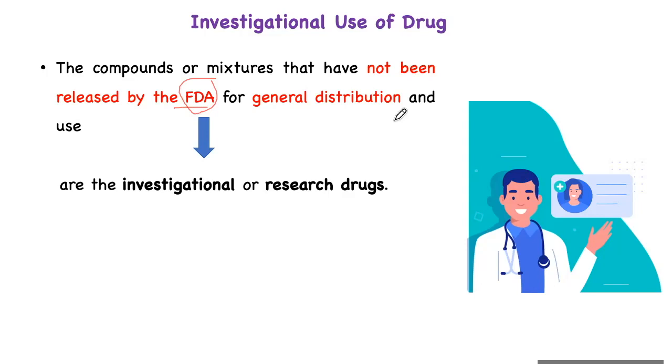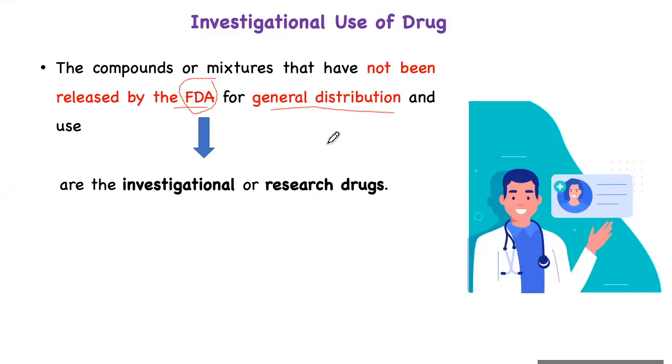It means that these drugs are not available in the medical store for general distribution, because general distribution of medicine is conducted through the medical store. So all investigational drugs are not available in a medical store, and their usage is strictly controlled, especially by the chief investigator or the physician who is conducting that particular study.